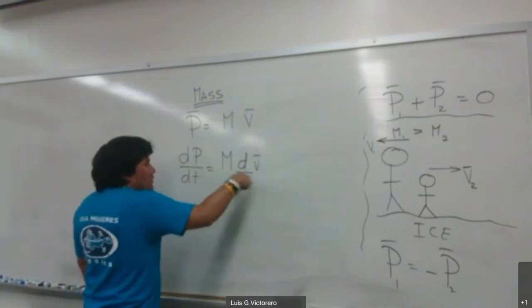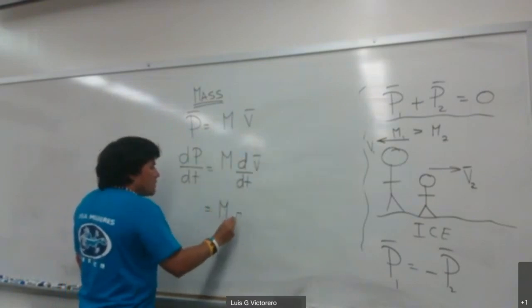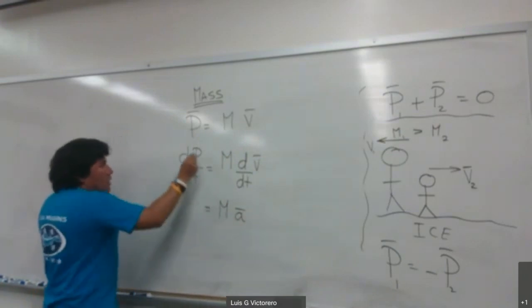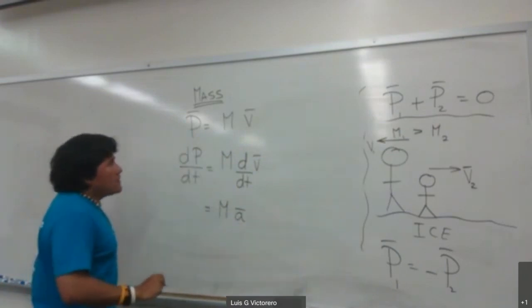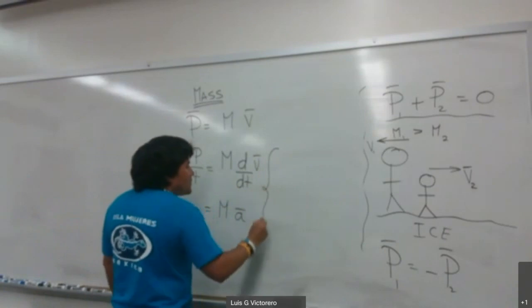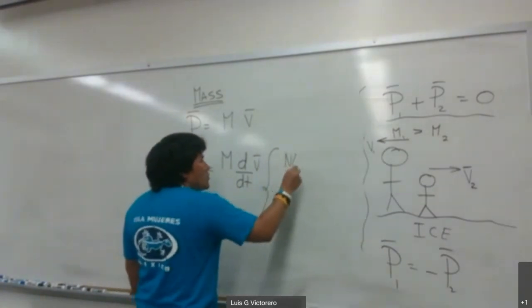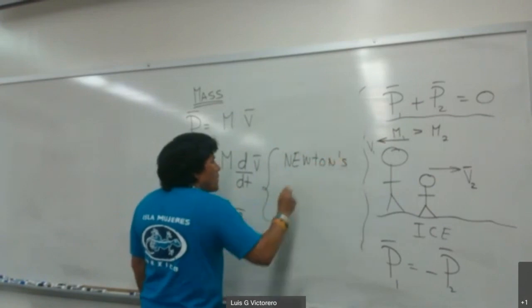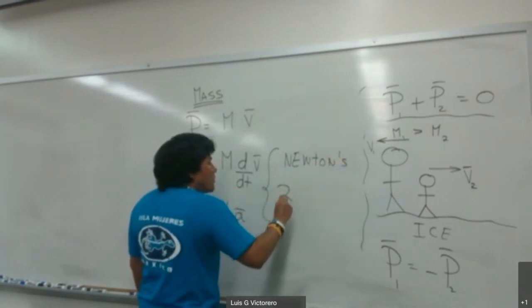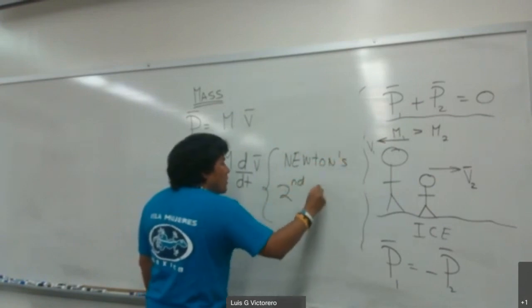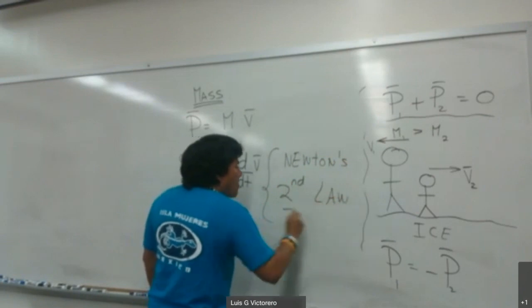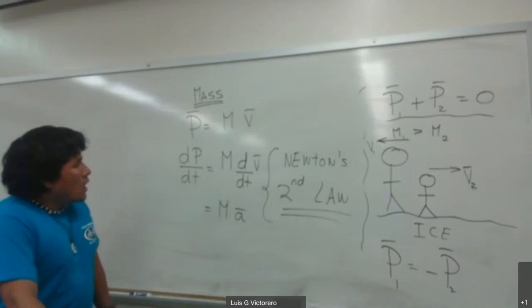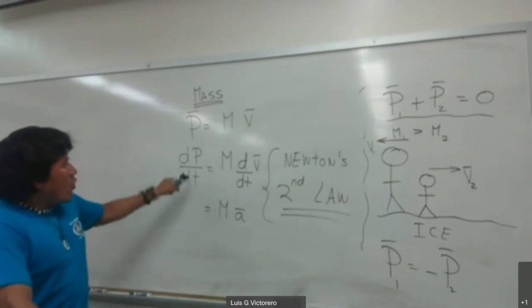And we know this is acceleration. So mass times acceleration is the first derivative of momentum. So basically, what you have here is Newton's second law. That's what you have when you apply the first derivative.